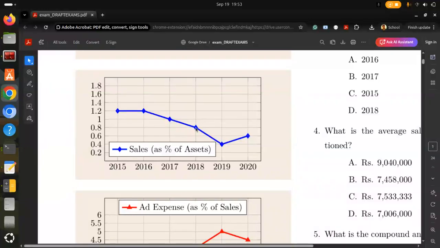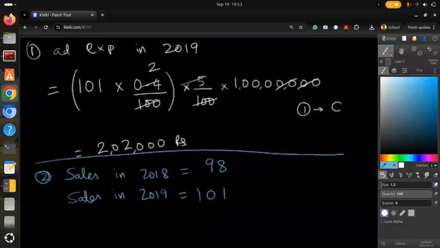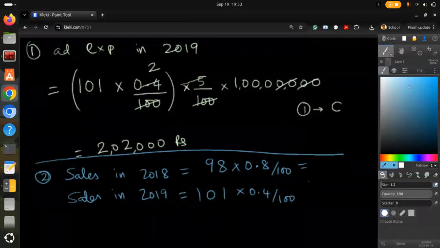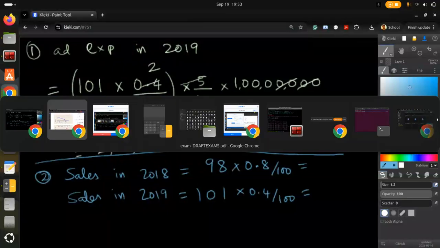Here it is 0.8% in 18 and 0.4% in 19. So multiply by 0.8% and by 0.4%, again dividing by 100 because it is percent. This gives the sales in 18 and 19 in rupees crores. Let us find these values: 98 into 0.8 by 100.